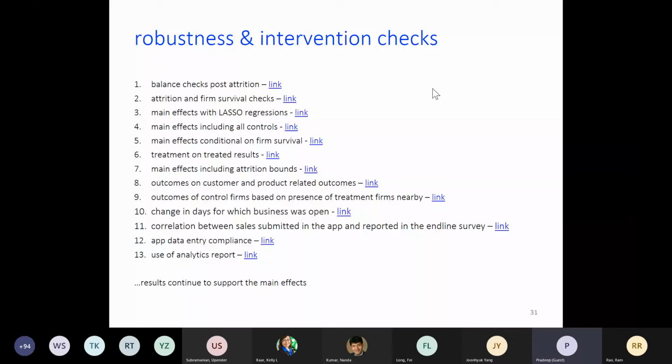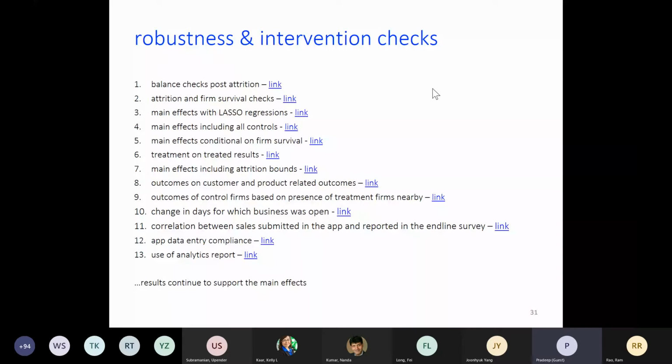What happens when you throw in a bunch of controls? What happens when you also take into account firm survival and other issues as well? So not just the intent to treat measure, which is what I showed you, but also the ATT. What happens when you put in things like attrition bounds? What could be some intermediate measures that you could get data on? And these are customer and product related outcomes that you think would potentially improve as a consequence of having access to information from the app.